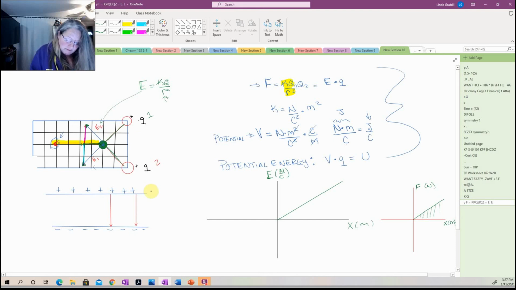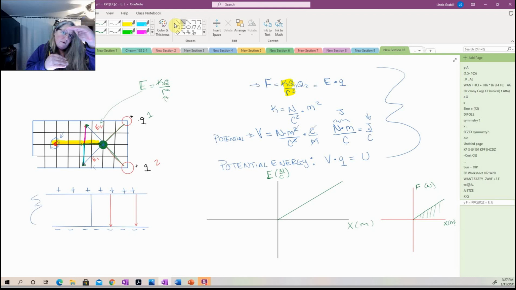In terms of potential, if you remember this thing here, I talked about that being a capacitor. So two plates, one positively charged, one negatively charged. And the thing I did last week is I talked about how the fields between this are constant. You can think of it as having an equal amount of positive charge as negative charge.